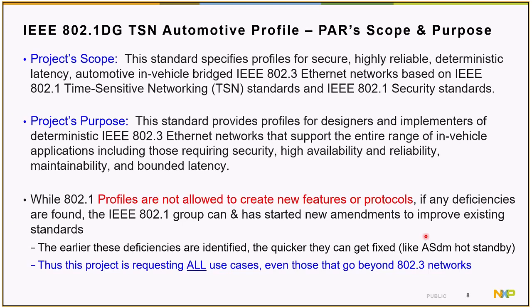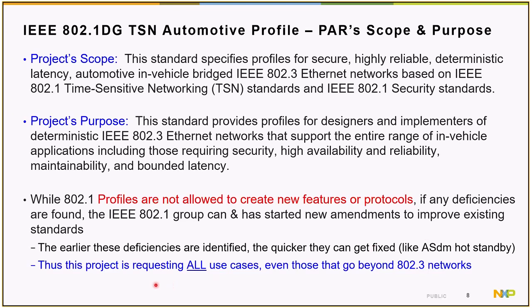Then it covers hot standby. That was a need that the industrial profile was finding that was not covered in AS, and it was not something that could be defined in a profile. And so the profile started the amendment to do ASDM, the hot standby project.